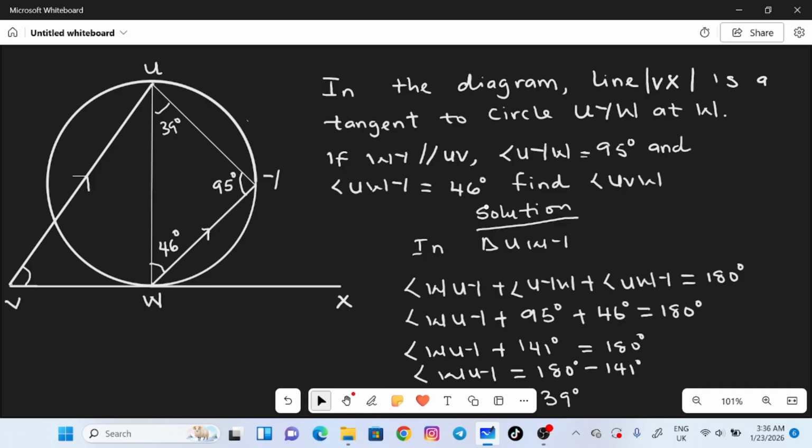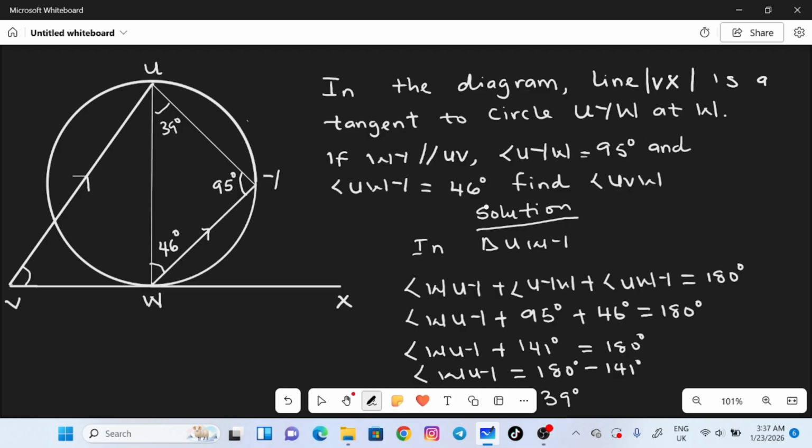And the theorem says that the angle between this chord and this tangent is equal to the angle in the alternate segment. That means that this angle YWX is equal to our angle WUY.